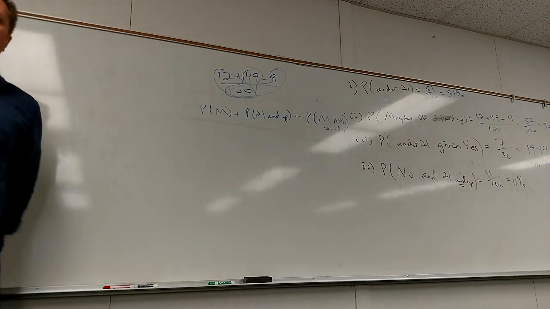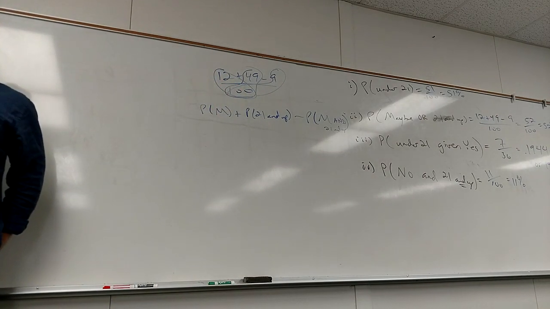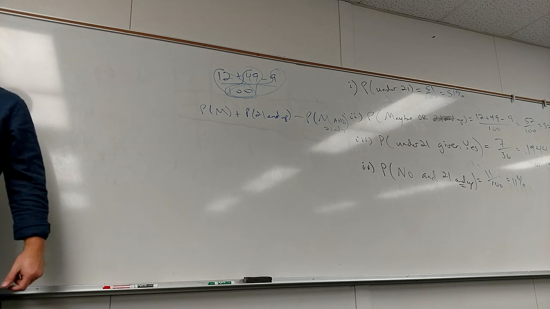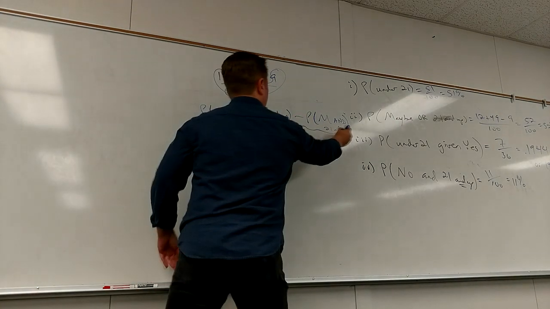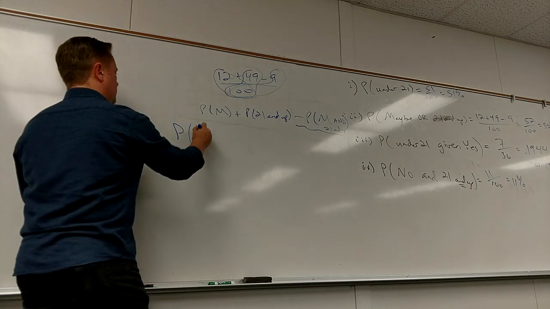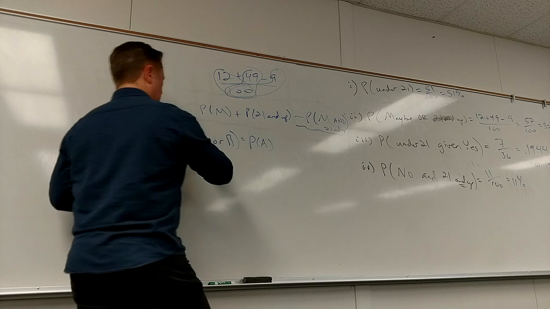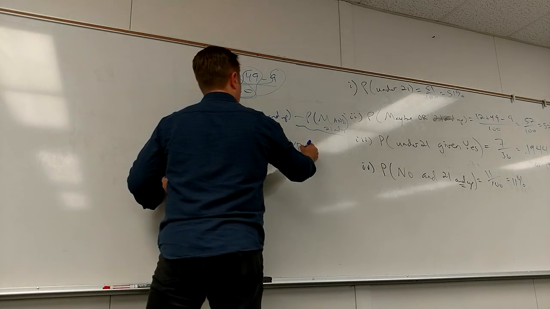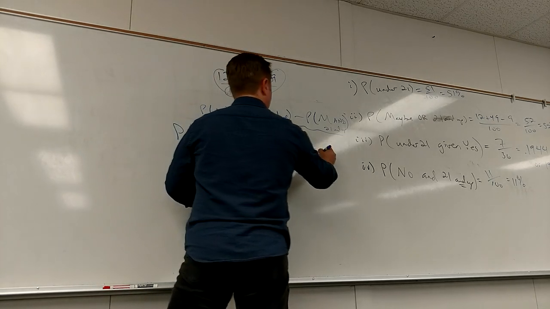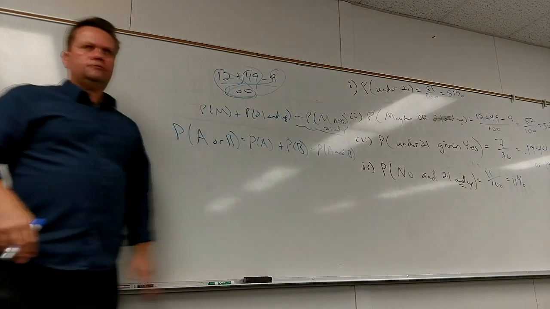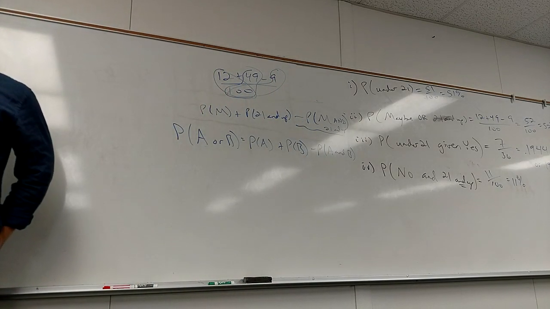So in general, the formula for OR is addition with a little modification at the end. So what is the probability of event A or event B? It's going to be the probability of A plus the probability of B minus the probability of A and B.